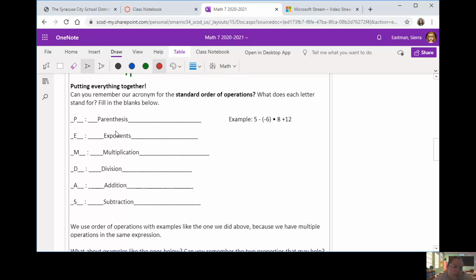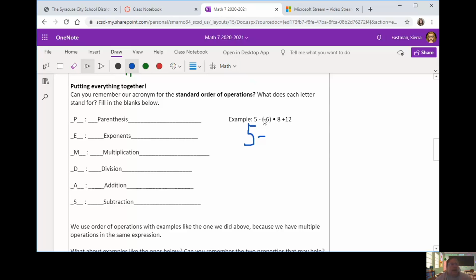E for exponents, we don't have that, but we do have M for multiplication. So if I'm leaving everything except for my multiplication, the 5 stays the same, that negative would stay the same, and my negative 6 times 8 is the only thing that I'm solving right now.